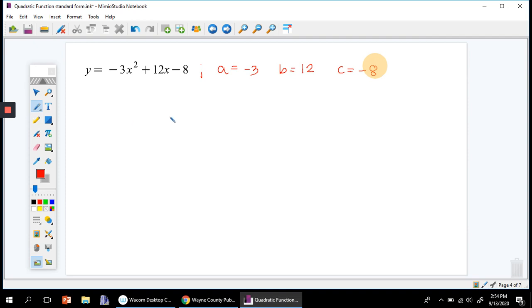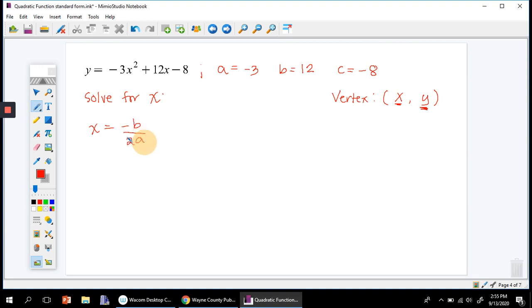Okay, now let us solve for the vertex. Again, to solve for the vertex, we need the x and y coordinates. So we need to solve for x and we need to solve for y. To solve for x, we are going to use the formula x is equal to negative b over 2a, right?